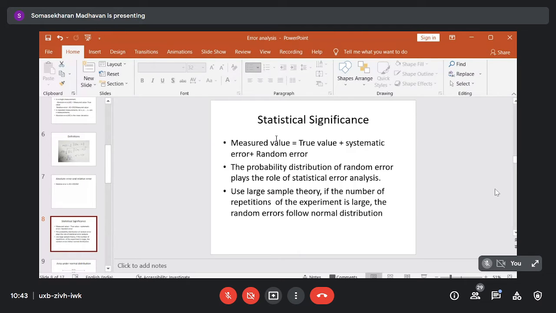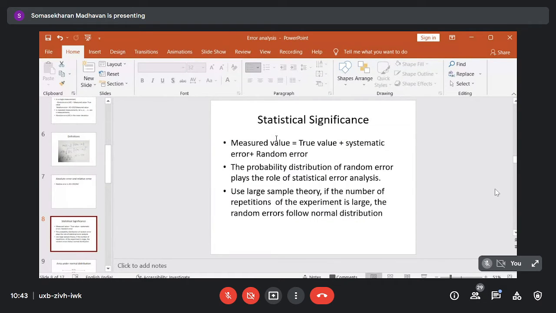And what is the significance of statistics in this case? In fact, you can write it as a model. A measured value is equal to the true value plus systematic error plus random error. If you remember the previous session, you can compare this one with it.